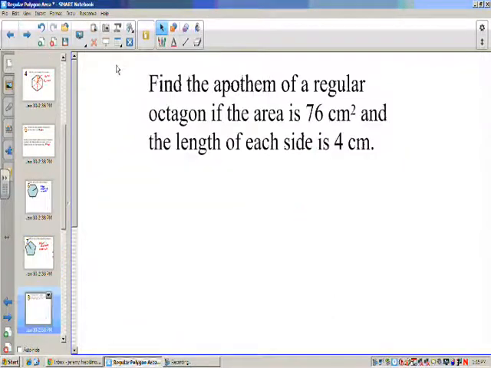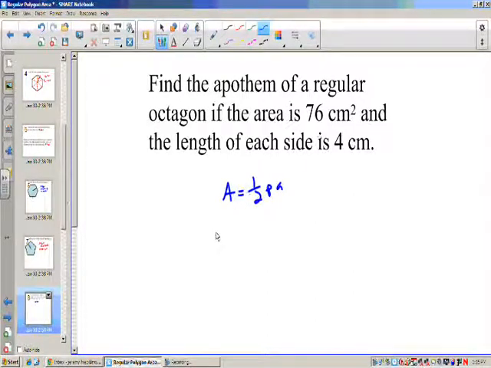All right, let's go into something a little bit more complicated. Let's find the apothem of a regular octagon if the area is 76 centimeters squared and each side length is 4. So we know the area is 76. The perimeter: each side length is 4 and it has 8 sides, so 4 times 8 is 32.